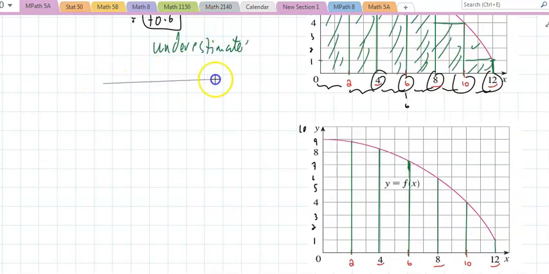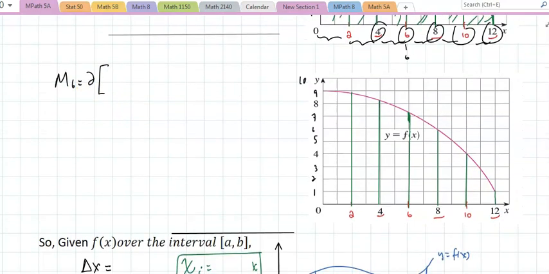And they want us to do a midpoint approximation, M sub 6. That's going to be 2 times. And here, when I look at the first interval, I'm going to take the midpoint to be the height, if you remember how that works. So that's f of 1.